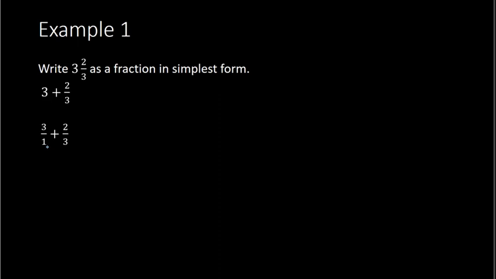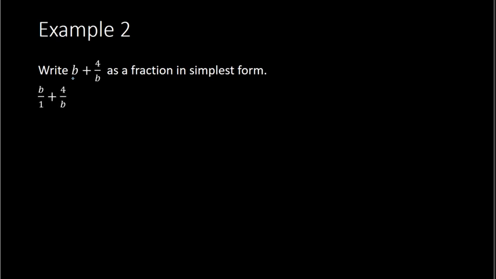So I need to change the denominator from a 1 into a 3. And to do that, I have to multiply the top and the bottom by 3. So that becomes 9 over 3 plus 2 over 3, which would then give me 11 over 3. All right, so that's how you do this with actual numbers.